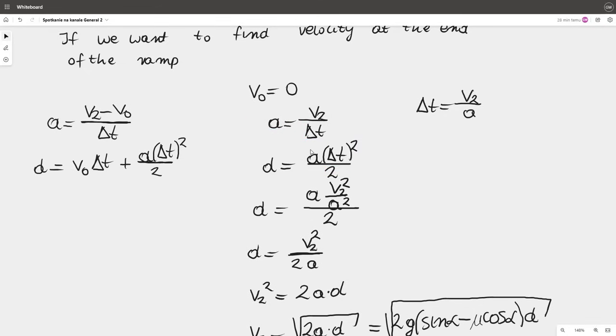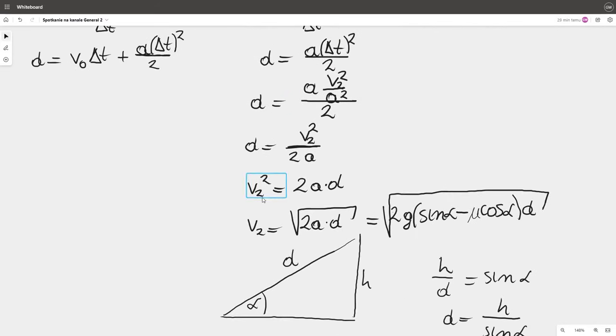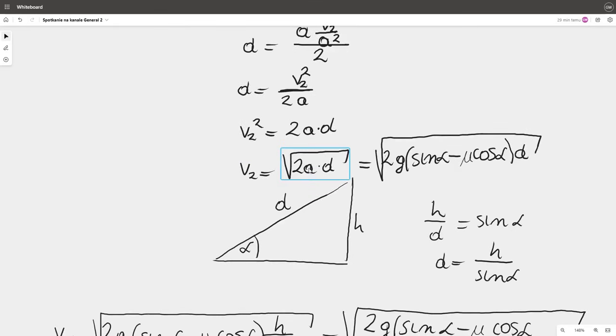We get rid of time from these equations and find equation for v2, final velocity. It's done here and here. Instead of a, we put value of a.